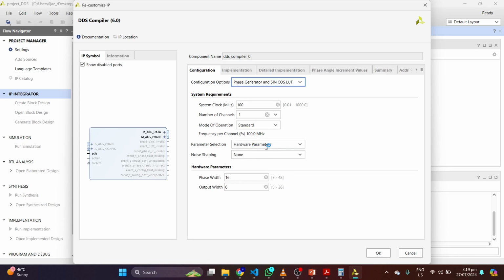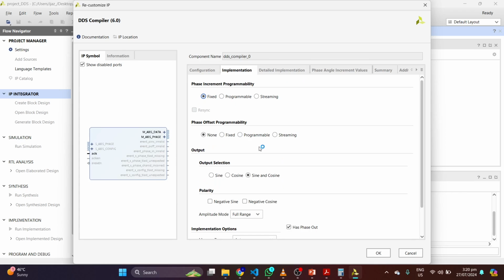And I will prefer the hardware parameters. The phase width which we have selected is 16. And the output I will keep at 16 bit. There are multiple implementation features.